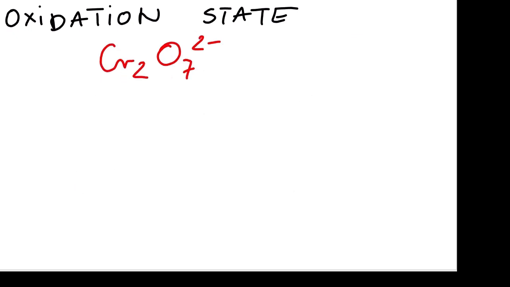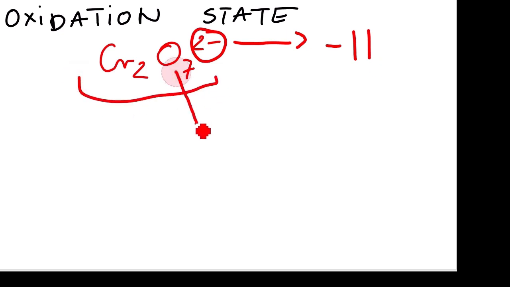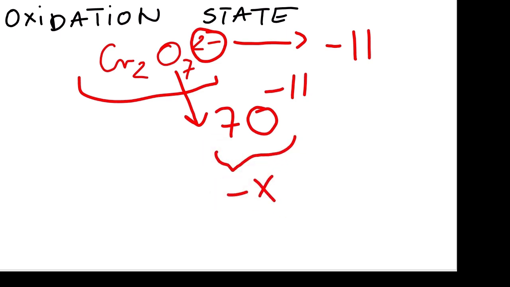Let's consider the oxidation state of the elements in the dichromate anion. You could see that the net oxidation state of this anion is equal to -2. We have 7 oxygen atoms, every single one with the oxidation state equal to -2. It gives us -14 from oxygen.